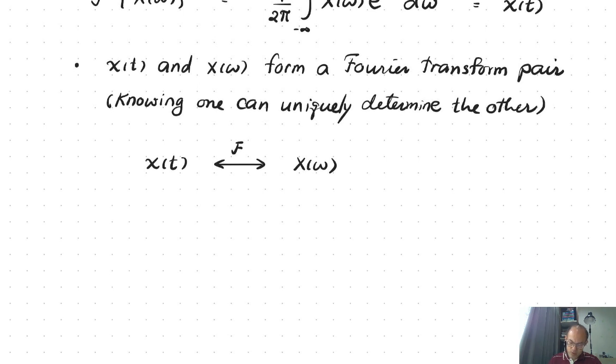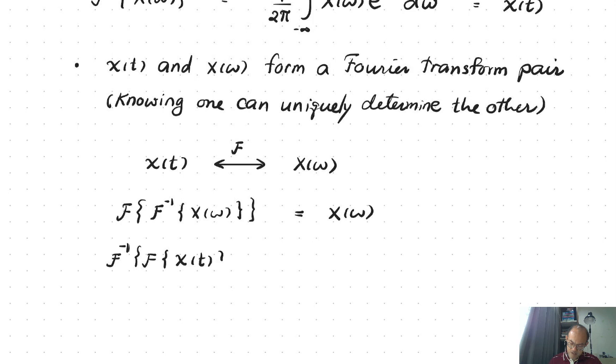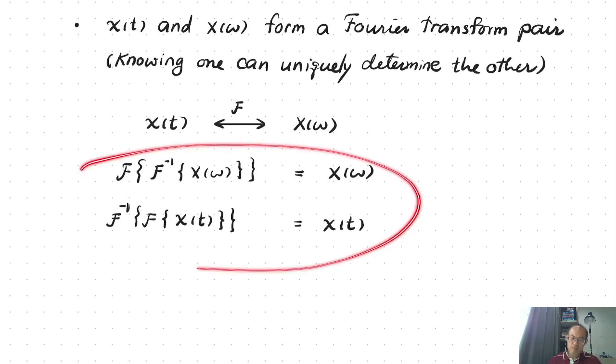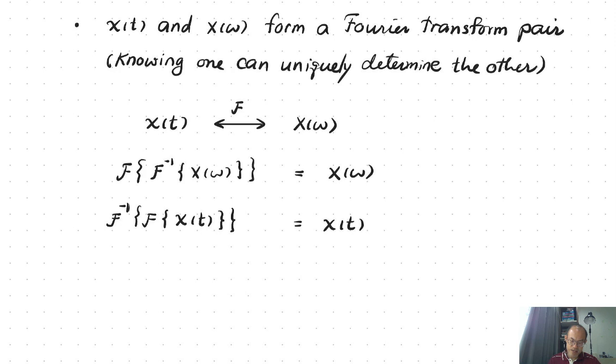The Fourier transform of the inverse Fourier transform of X of omega will be equal to X of omega. Also, the inverse Fourier transform of the Fourier transform of x of t will be x of t.